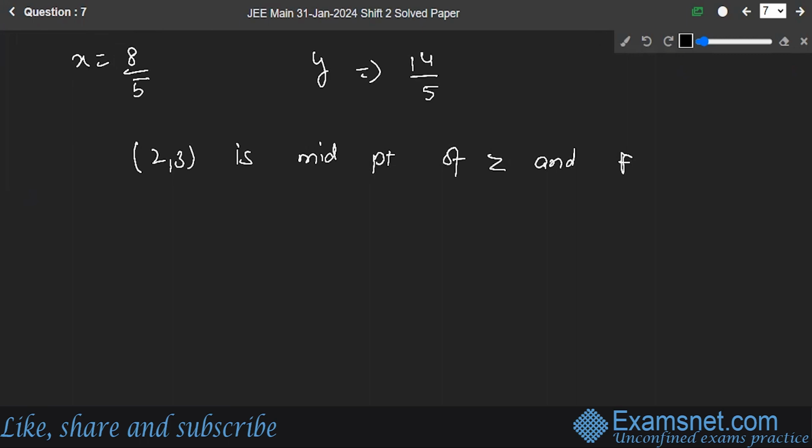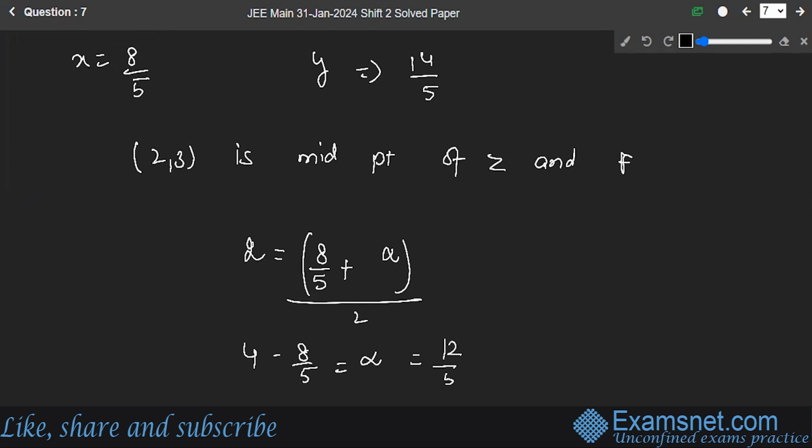Okay, so you will have 2 is equal to 8 by 5 plus alpha, whole thing divided by 2, or you will have 4 minus 8 by 5 is equal to alpha, or you will have 12 by 5. This is the value for alpha. Right? And similarly, let's calculate beta also.